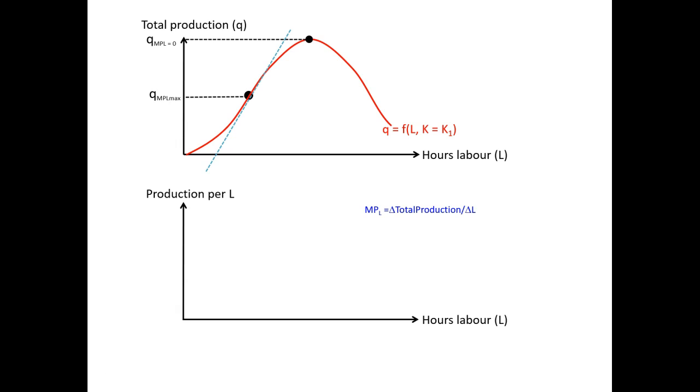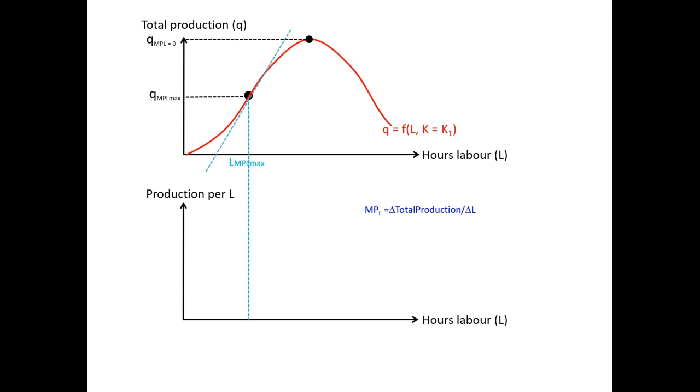So if we move that downwards into a new graph where we have production per unit of labor on the vertical axis, so it's a different scale than the upper figure, but we still have the same horizontal axis.